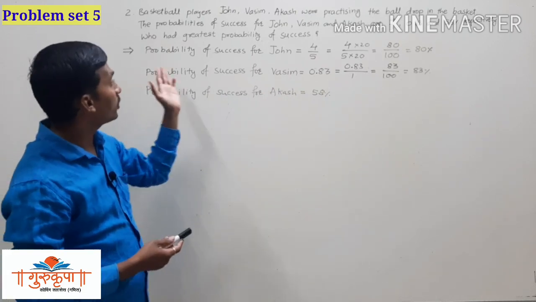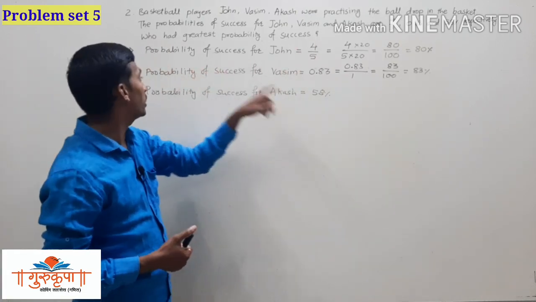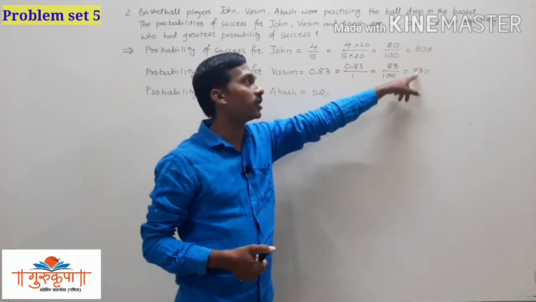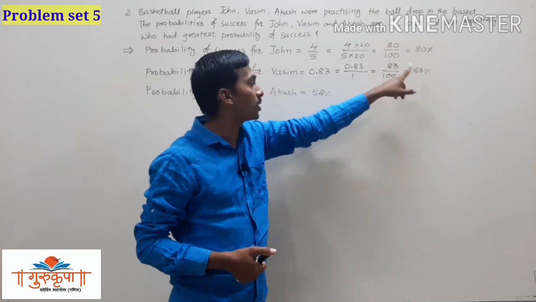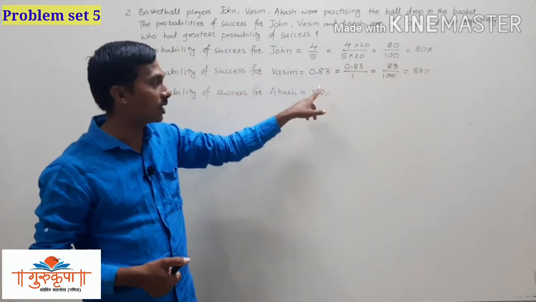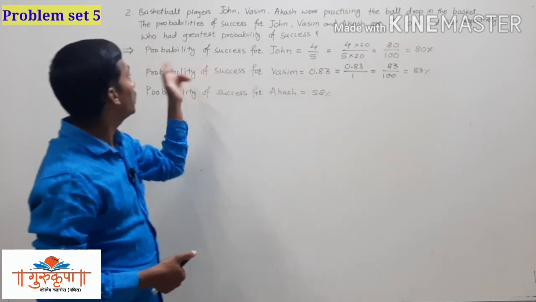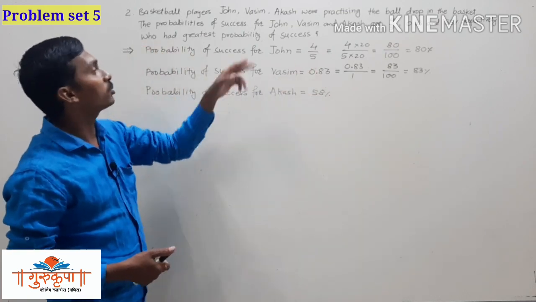So check whose probability of success is greatest: 80%, 83% and 58%. The question is who had the greatest probability of success.